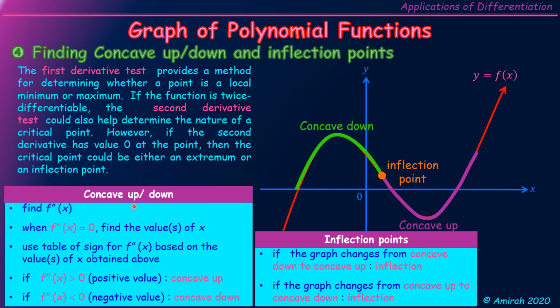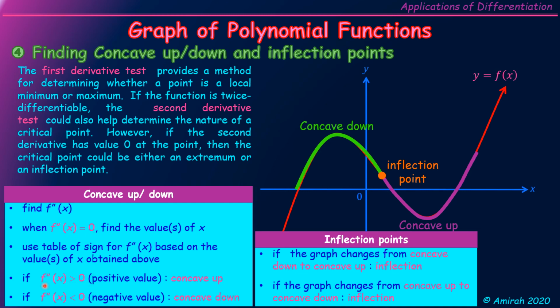Alright. To find whether the function is concave up or down, first we need to find the second derivative. Then when the second derivative equals 0, we find the values of x. After that, we use table of sign for f double prime x based on the values of x obtained when we equate f double prime x equals 0.